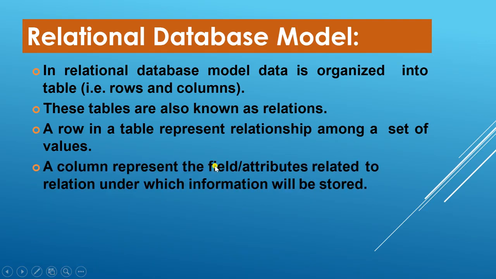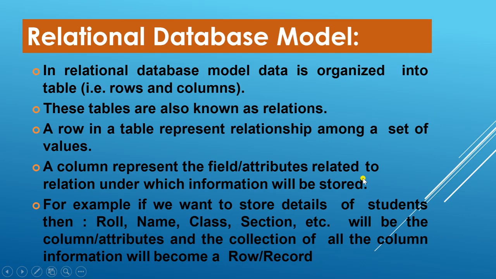A column represents the field or attribute under which information will be stored. For example, if we want to store details of students, then roll number, name, class, section, etc. will be the columns or attributes, and the collection of all the column information will become a row or a record.